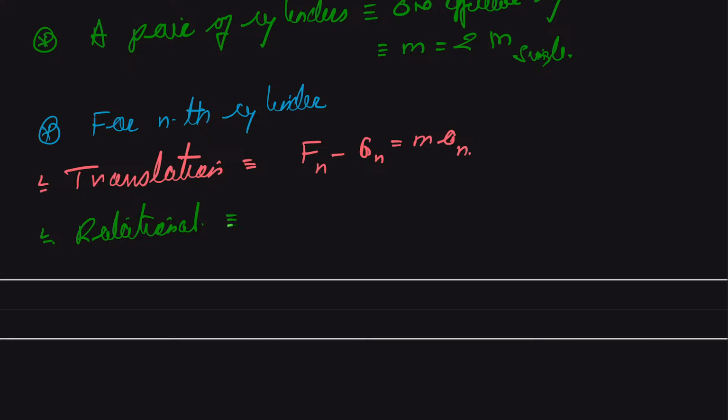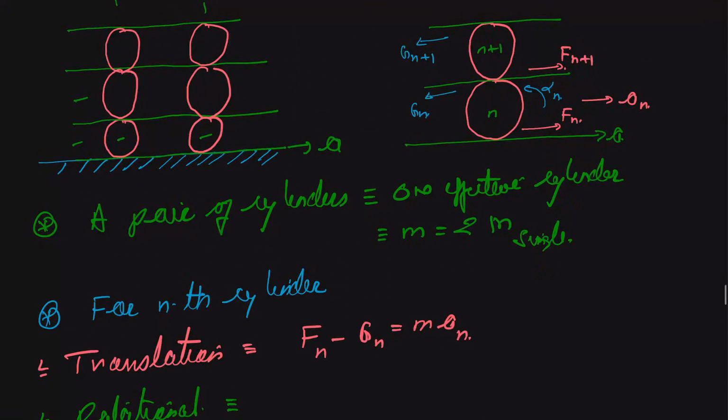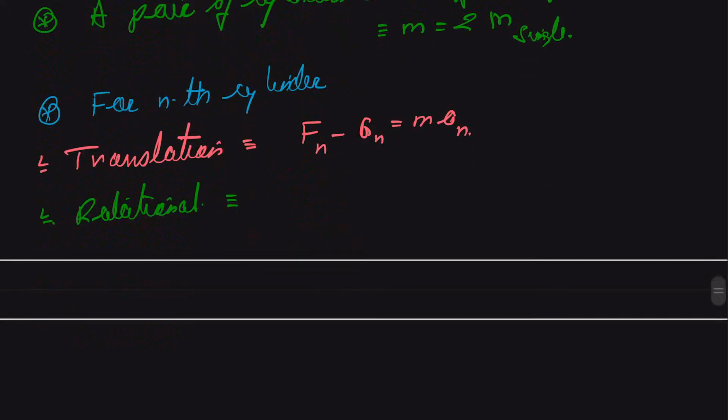Therefore, we can write, because both the forces, F of n and G of n, are going to produce torque in the same direction, okay, so we can just combine them. We can write that our F of n plus G of n times r is our moment of inertia multiplied by its angular acceleration.